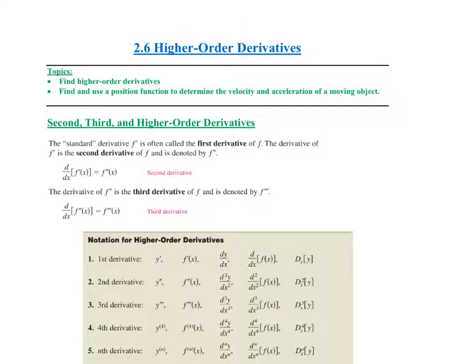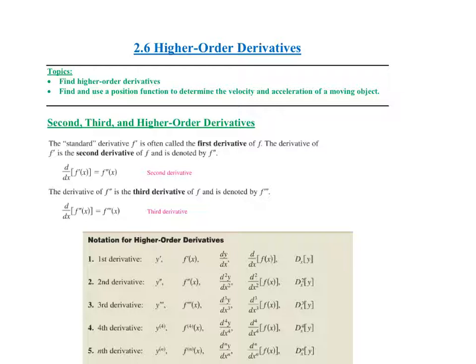It says second, third, and higher order derivatives. The standard derivative f prime is also often called the first derivative of f. The derivative of f prime, the derivative of the derivative, is called the second derivative and denoted by f double prime. So there's 2 primes there.